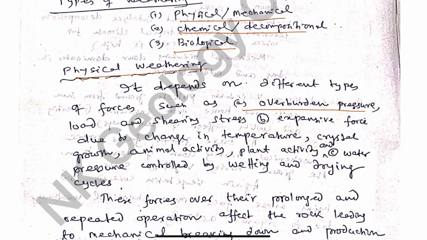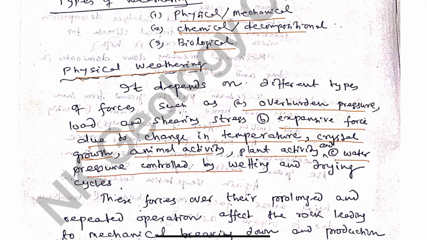upon the overburden pressure or load pressure or the shearing stress, the expansive force due to change in temperature, the expansive force due to crystal growth, and due to animal activity, plant activity, and water pressure controlled by wetting and drying cycles.